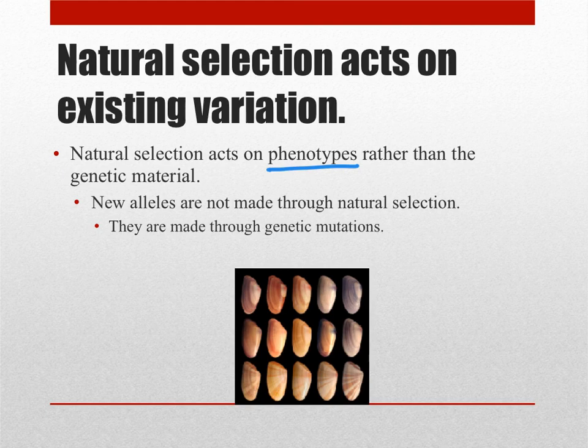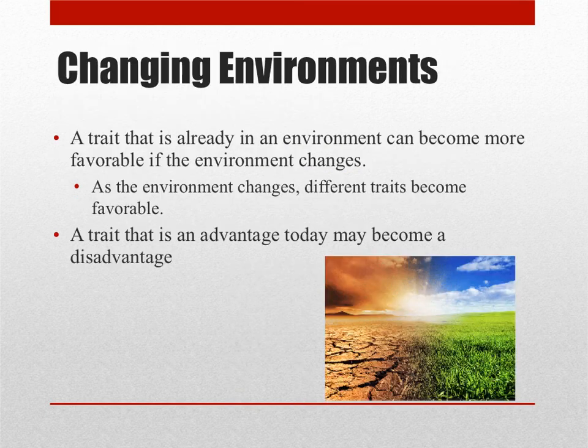So natural selection has nothing to do with mutations other than if that mutation that already happened was beneficial to the species, then that mutation would be passed on in higher numbers, and as a result, the organisms would tend to start having this in a higher incidence. A trait that's already in an environment can become more favorable if the environment changes. As the environment changes, different traits may become favorable. A trait that was advantageous today may not be so in the future.